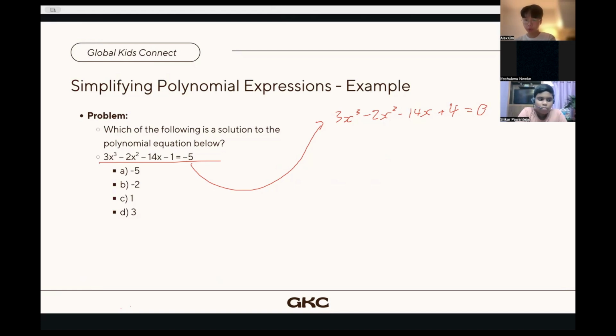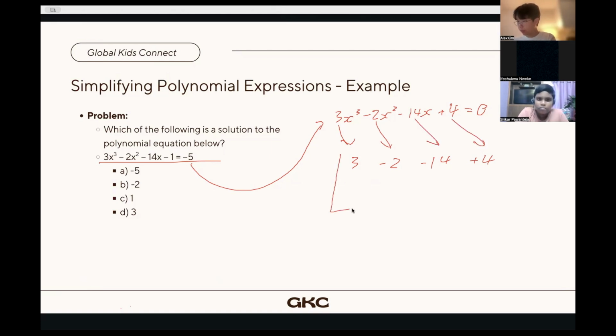Once we have this form, we utilize the rational root theorem. The first step is to write down each coefficient of each variable. We first write down the coefficient 3 of x^3, then -2, then -14, and then +4, writing the coefficients exactly as they are.